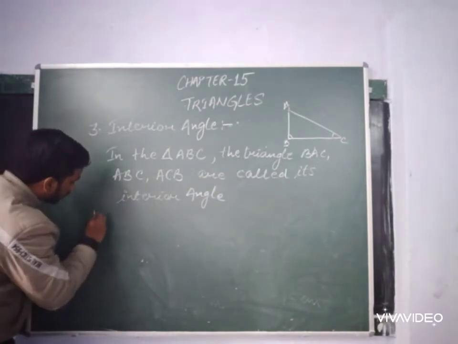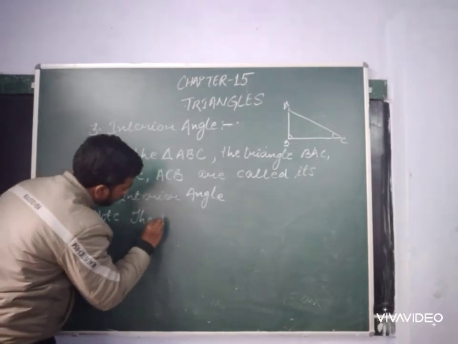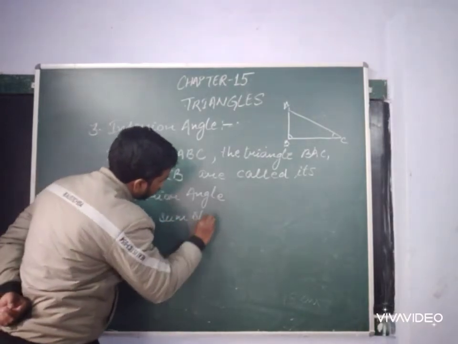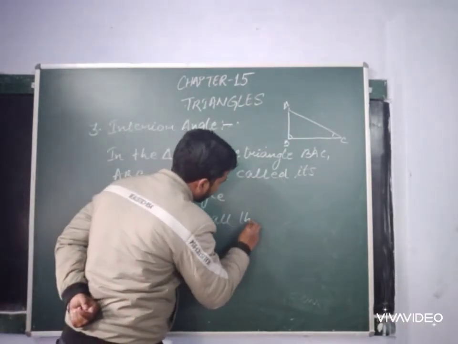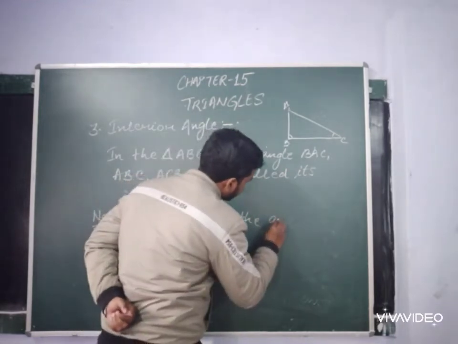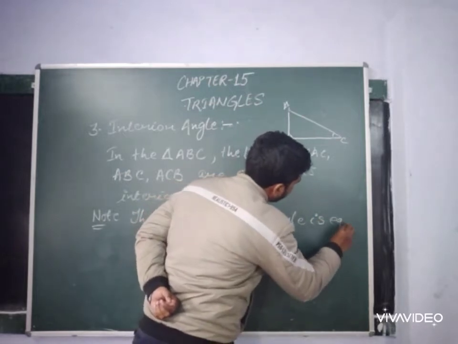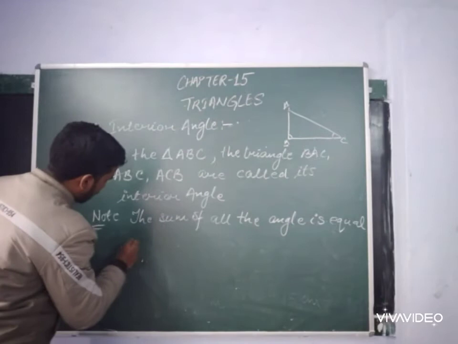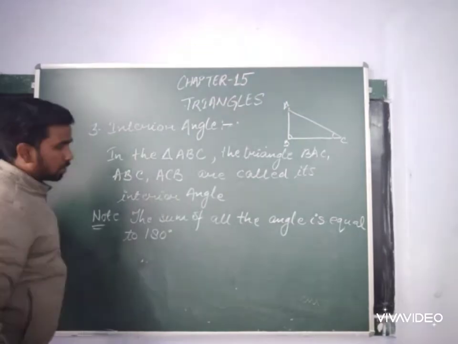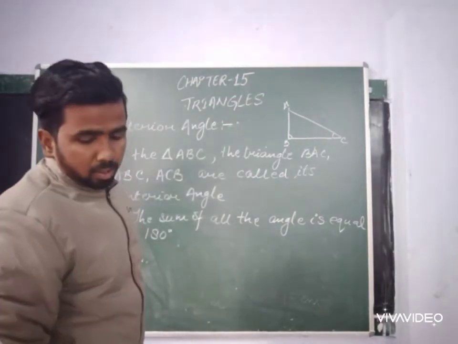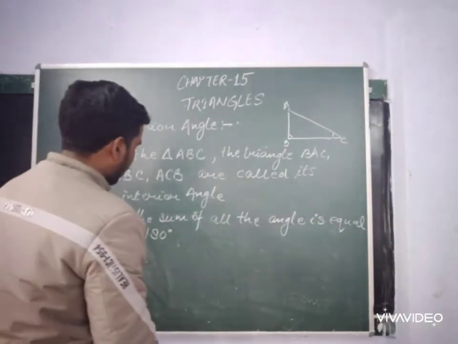This is the important thing to be noted down: the sum of all the angles of a triangle is equal to 180 degrees.